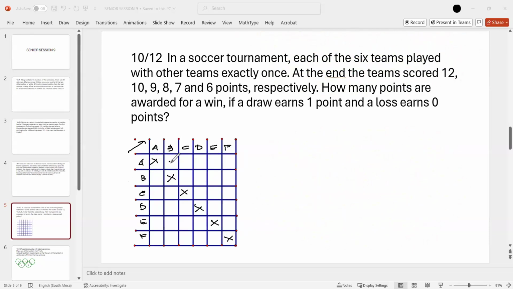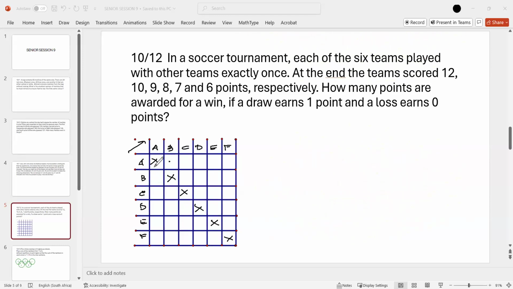Suppose A plays B, and if this is a win, then here I'll have to put L. So B lost to A, but A beat B. So if I got a W here, I'll have to put an L here. I hope you understand that.